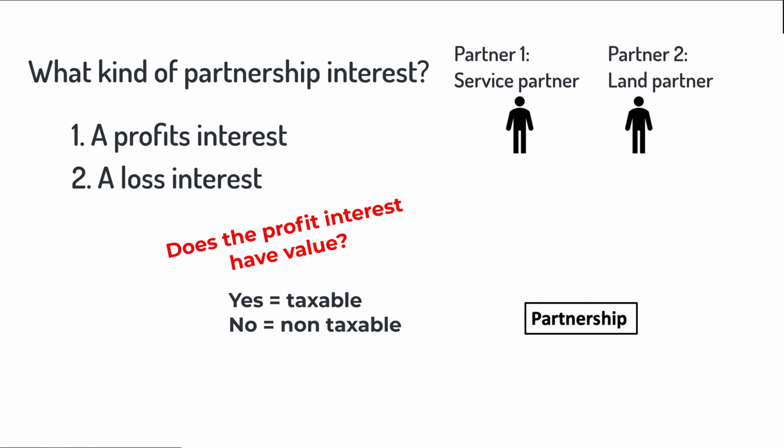These are situations where a simple profit interest is shown to actually have a fair market value at the very beginning. An example of this would be if the service partner sells the partnership interest within 2 years after receiving it. Such a short time span indicates that the profit interest might, in fact, have had a fair market value when it was acquired.